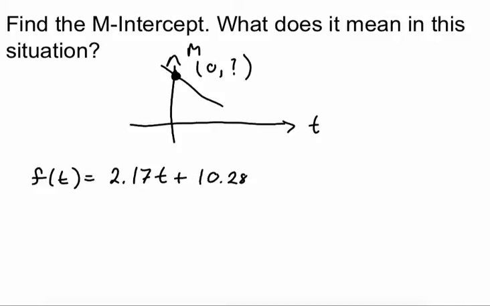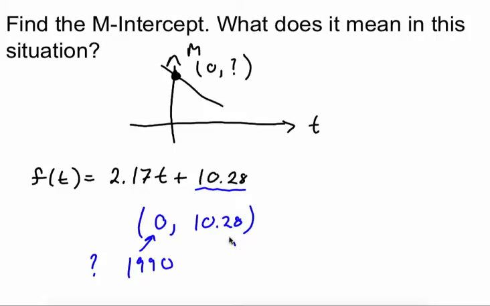In this case, the m-intercept is this value, 10.28. So at 0, the value is 10.28. What does 0 represent to us? That is 0 years since 1990. In other words, this represents the year 1990 itself, and the 10.28 is the rate at year 0.